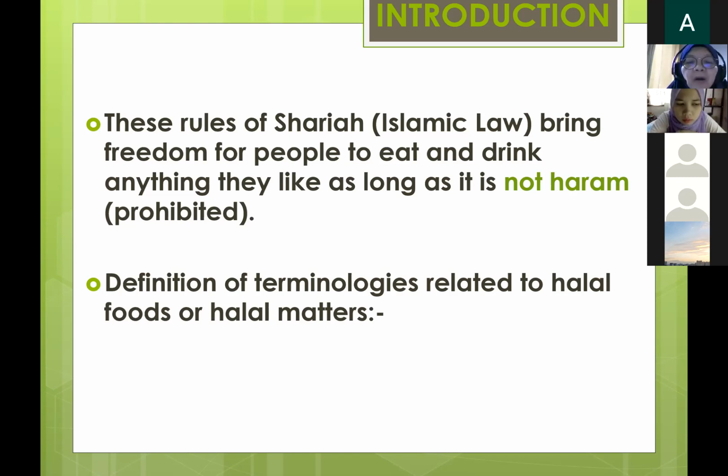It's not just about food that we eat, but it also applies to other activities. For example, you know about Islamic finance. So Islamic finance or other products, for example, cosmetic products or medicine, pharmaceutical, or actions in your life, how you behave, how you treat others, how you behave towards your parents.